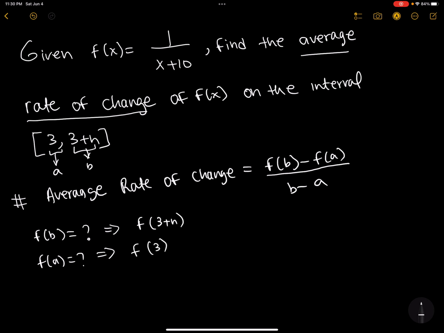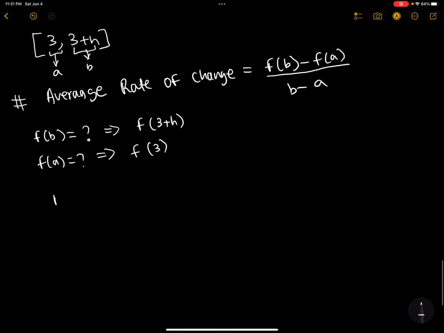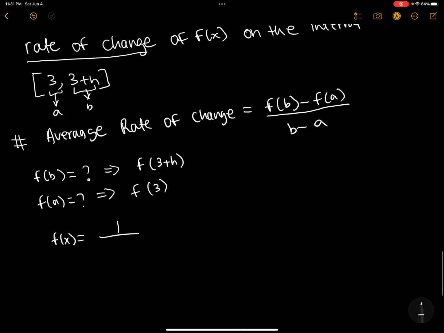Then we'll plug in 3 plus h and 3 into the function and figure out their values. So let's figure out what f of 3 plus h is. That means wherever I see x, I replace it with 3 plus h. My function is again f of x equals 1 over, I think it was x plus 10.